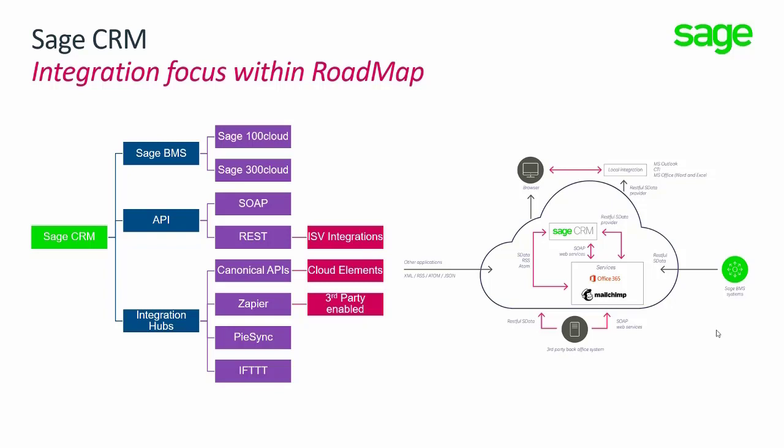Every change that we make in a release becomes really an improvement to, or is related to, Sage CRM's integration capabilities. Now, I'm going to mention in a moment some of the changes made in Sage CRM 2020 R1, and again that we're introducing in 2020 R2, where we've incrementally improved the integration with MailChimp.